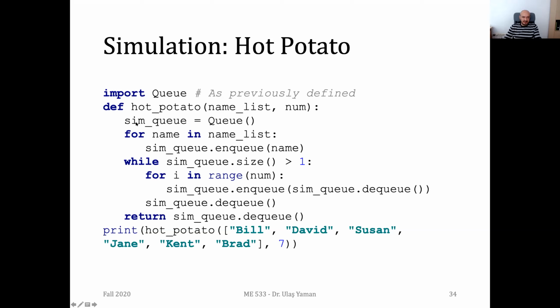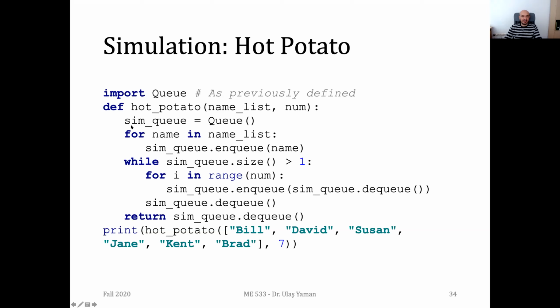So what we do first in this definition is simply create a queue data structure, named SimQ, simulation queue. And then we simply put all the names in the name list into the queue data structure with the help of the enqueue operation.